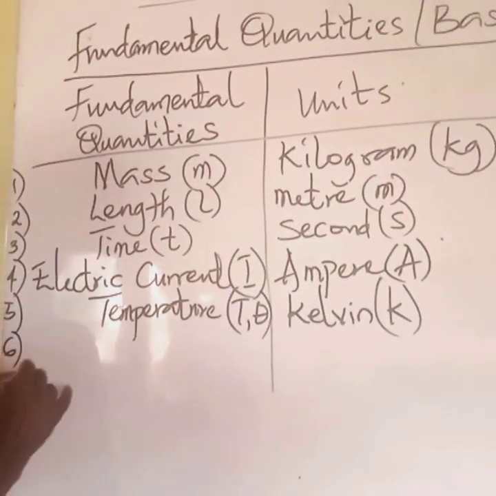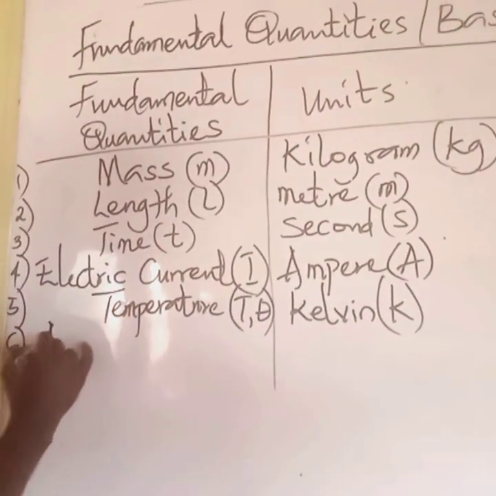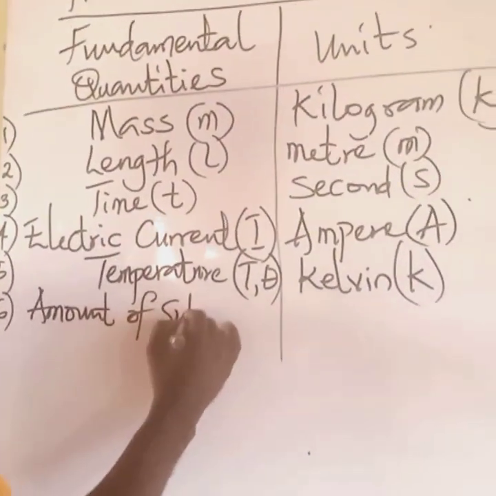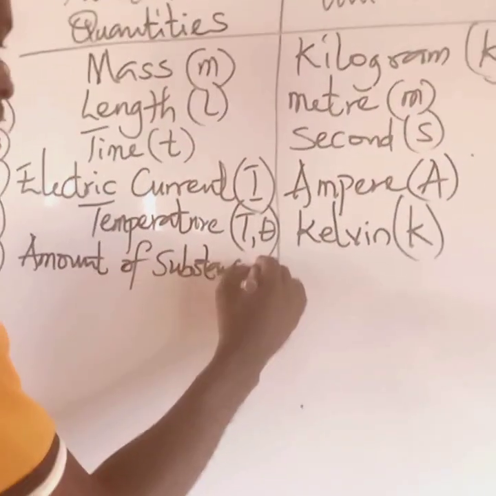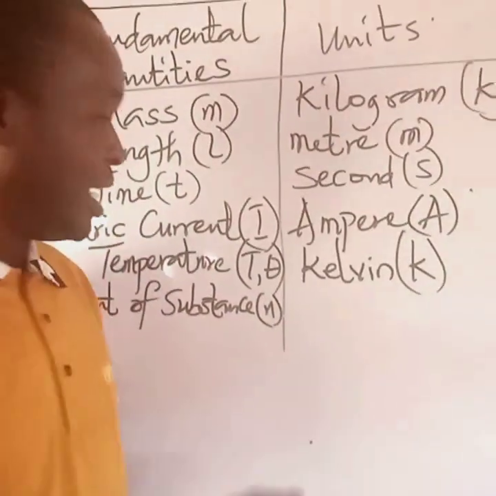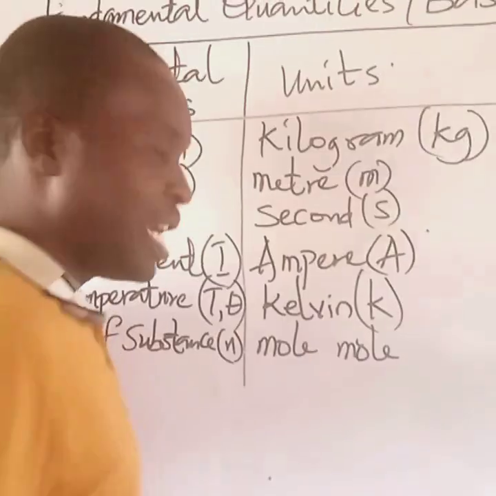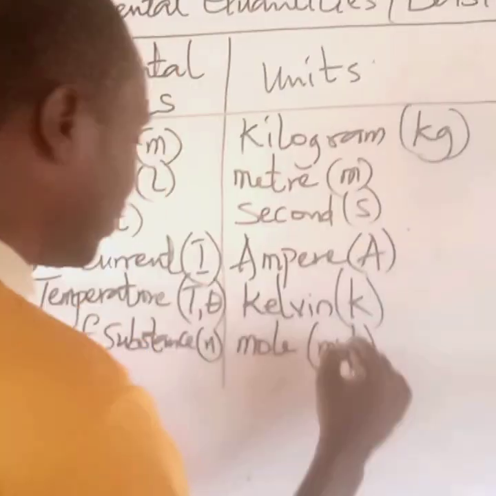And number 6, we have amount of substance. The symbol for that is small letter n. The unit is mole, M-O-L for the symbol.